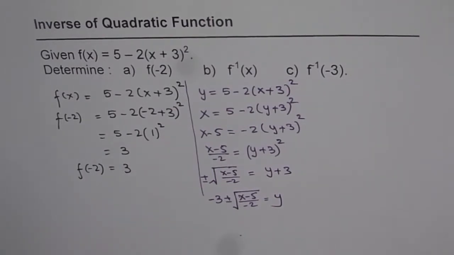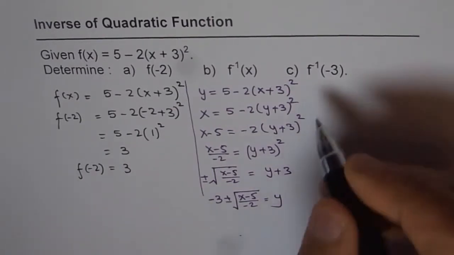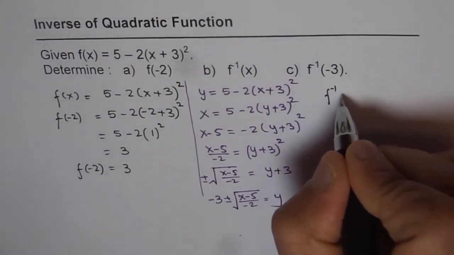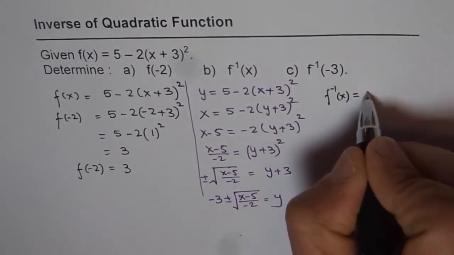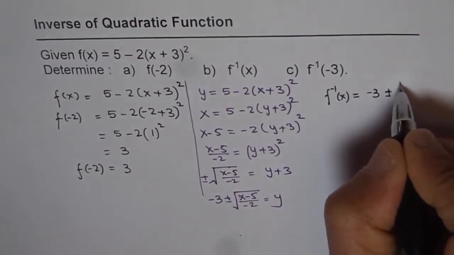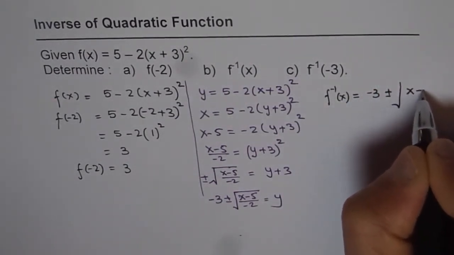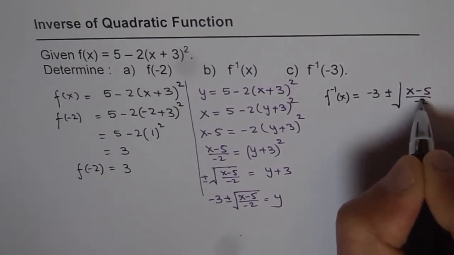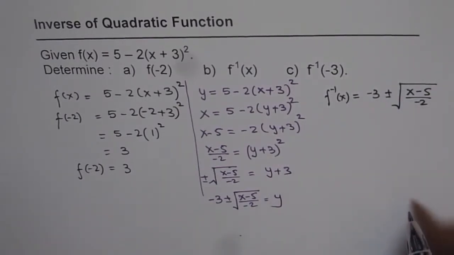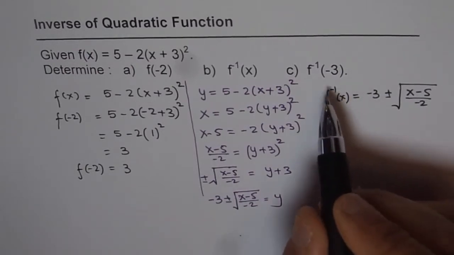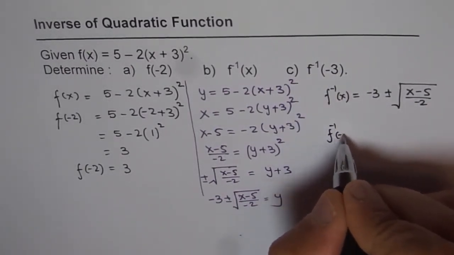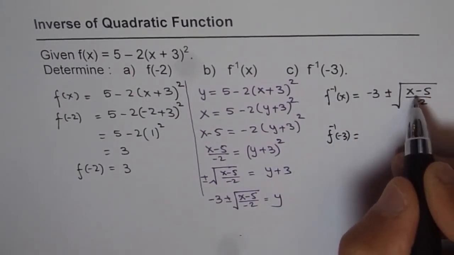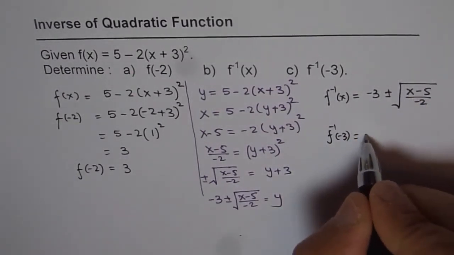Perfect. So we can write down the inverse of the function here as f inverse of x is equal to minus 3 plus or minus square root of (x minus 5) divided by minus 2. That is the inverse of the function. Now let's figure out what is f inverse of minus 3. So we'll substitute minus 3 for x and see our value.